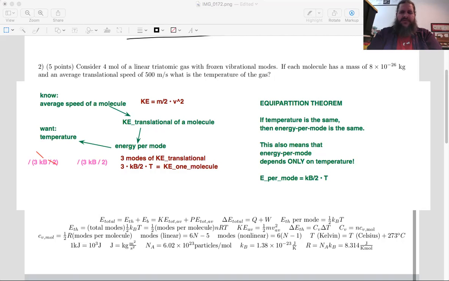And now if we actually fill those in, we've got mass 8 times 10 to the negative 26 kilograms times speed 500 meters per second squared, divided by 3 times Boltzmann's constant, which is 1.38 times 10 to the negative 23rd joules per Kelvin.